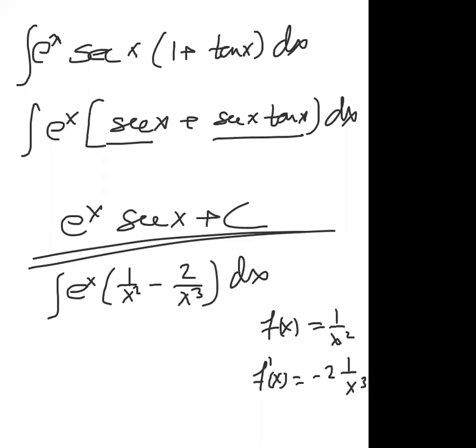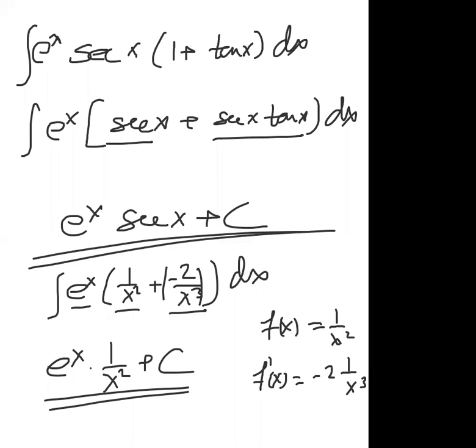So it becomes e to power x into f(x) plus f dash x, because it is already negative. So it will be e to power x into 1 upon x square plus c. So using this technique, we will be able to do these questions also.